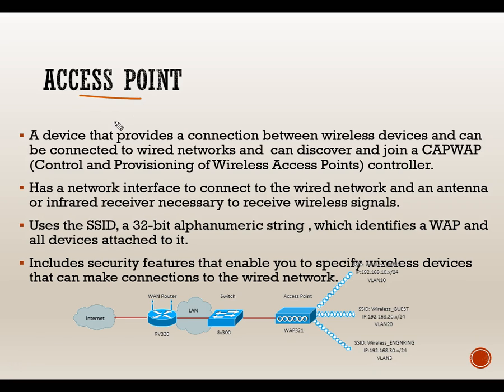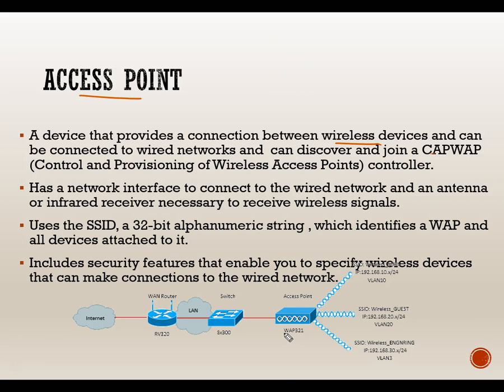But an access point, you probably have one at home, provides a connection between wireless devices, can be connected to wired networks, and can discover and join the CAPWAP, control and provisioning of wireless access points. What this means is that in the higher level of access points, we can have a management domain that these things join, and we're going to talk about the management of them in a minute.